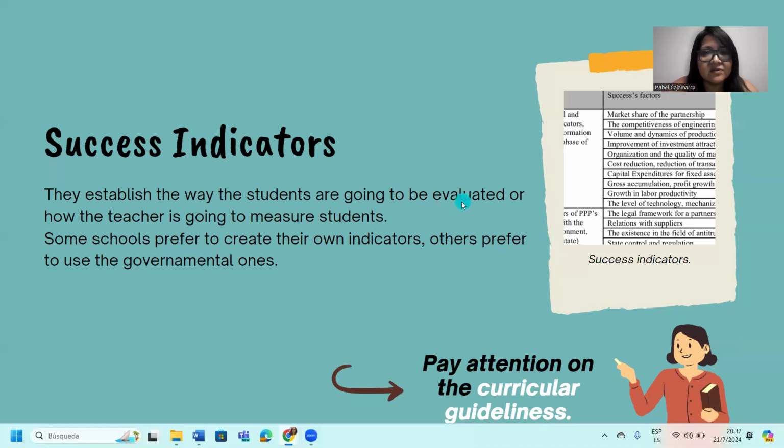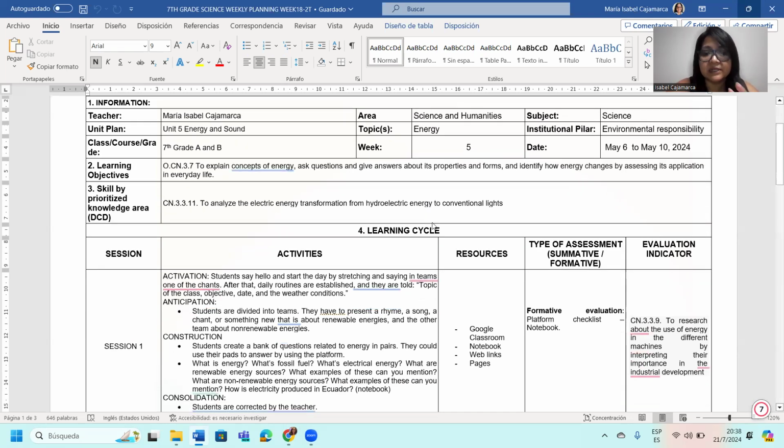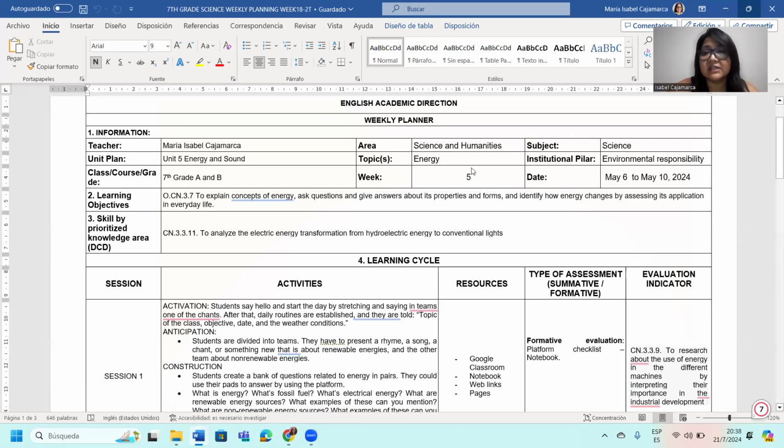Before finishing, I would like to share with you one of the lessons I prepared. This is a weekly planner, but it is full of these things of three sessions, okay, of lesson plans, because they have to specify in detail. So as you can see here, we have the most important information, like the teacher, the unit plan.